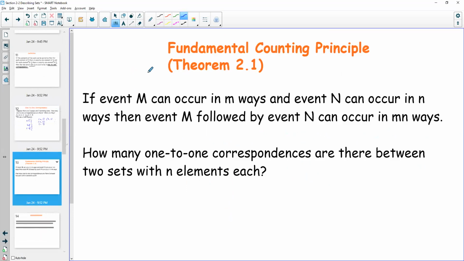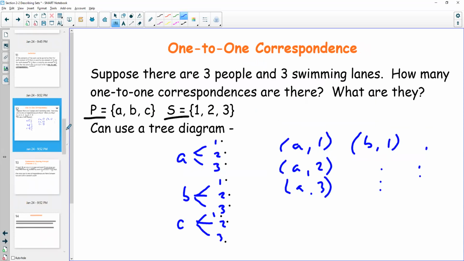This is part of the fundamental counting principle. So if event M can occur in M ways, and event N can occur in N ways, then M followed by N can occur in M times N ways. So if we go back a slide, we had 3 things in set P, 3 things in set S. 3 times 3 gave us 9.